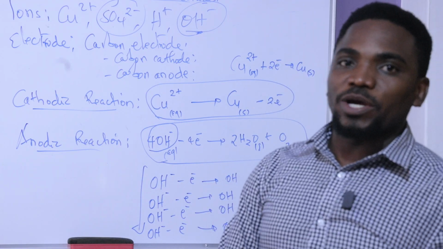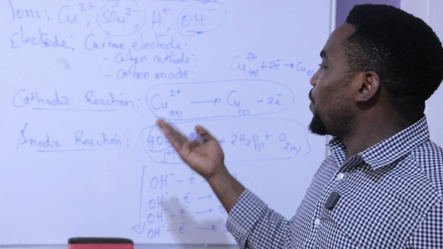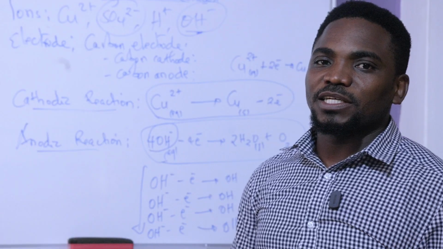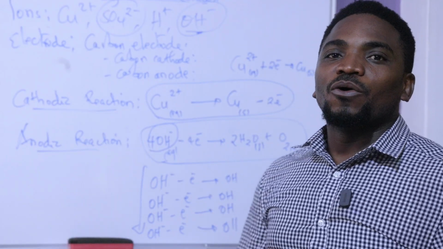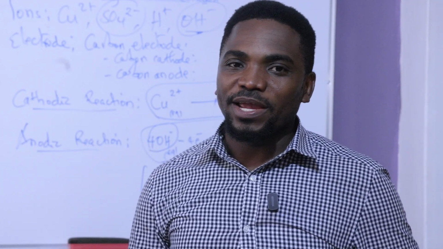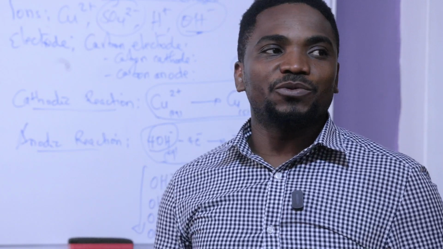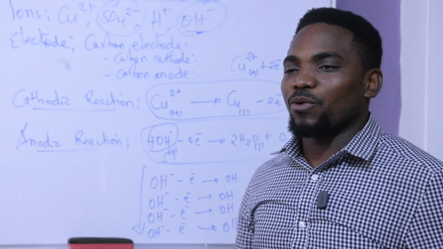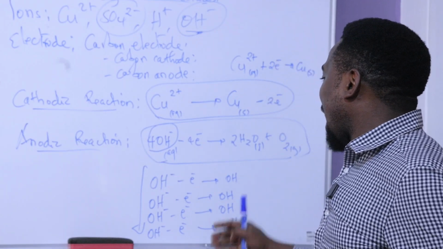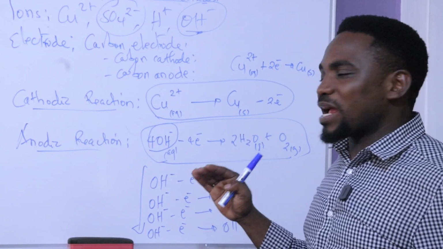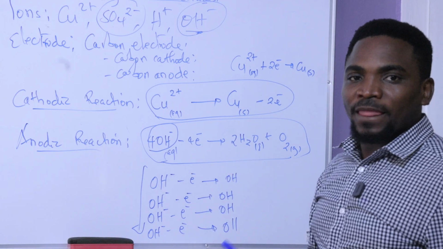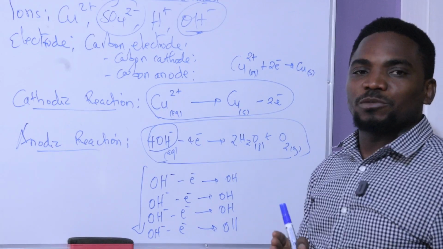The question I mentioned to you earlier is the blue color. Will the blue color continue or does it fade away? The answer is very simple. The blue color will fade away. In other words, the blue color will disappear. Why does it disappear? Because at the end, in the products that we obtain from the cathode and the anode, there are no copper ions responsible for the blue color.